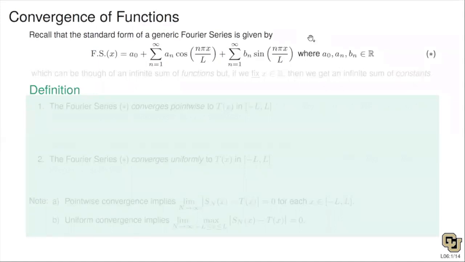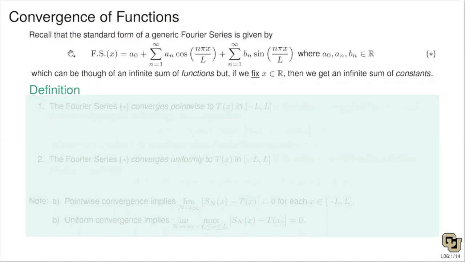So the Fourier series, of course, can be thought of as a sum of functions, right? Here, obviously, cosine n pi x over L and sine n pi x over L are functions and we're summing them. But for a fixed value of x, if we choose x, then they become constants and we get a regular series.